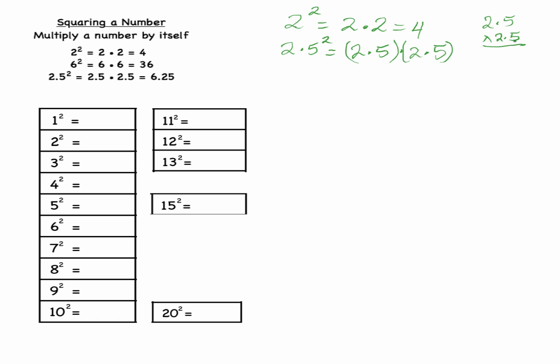So if we multiply this manually, 5 times 5 is 25, carry the 2. 5 times 2 is 10, plus 2 is 12. I'm going to put my 0. 2 times 5 is 10, carry the 1. 2 times 2 is 4, plus 1 is 5. When I add this, I get 5, 2, 6. How many decimal places do I have? 1, 2. So I'm going to move my decimal point 2 places, and that's how they got 6.25.